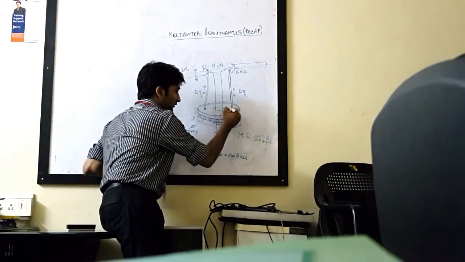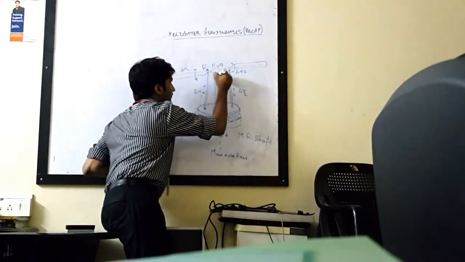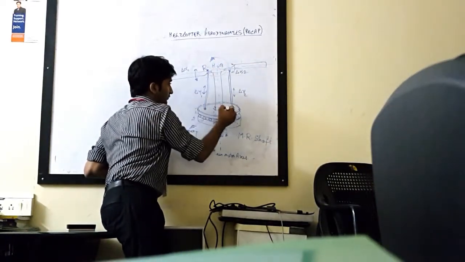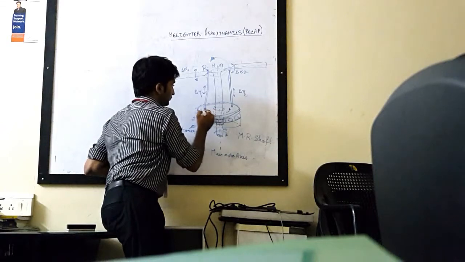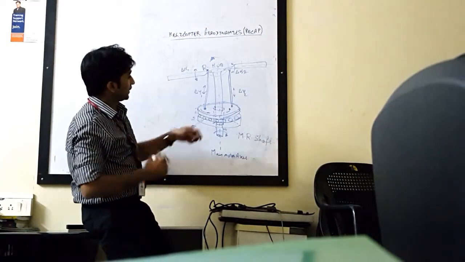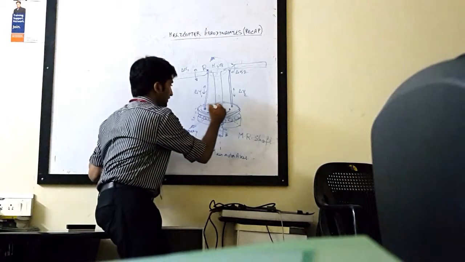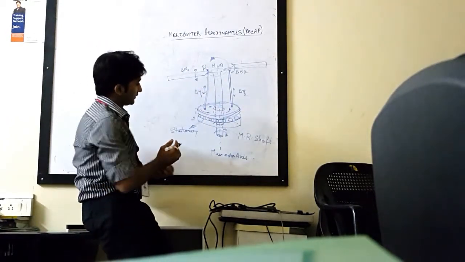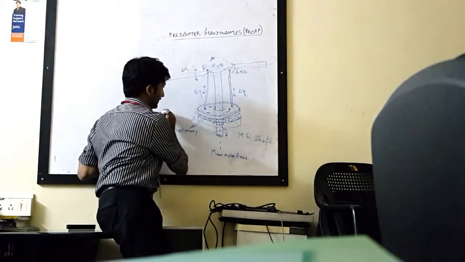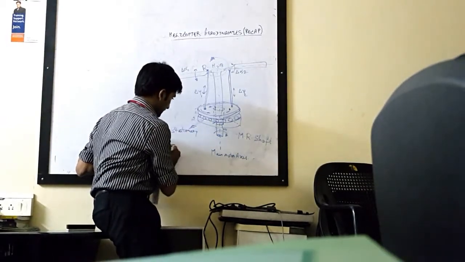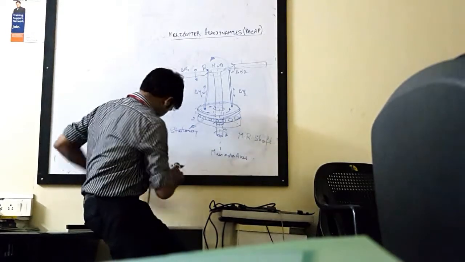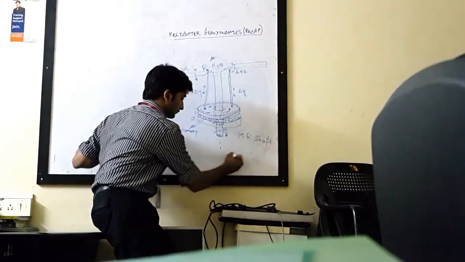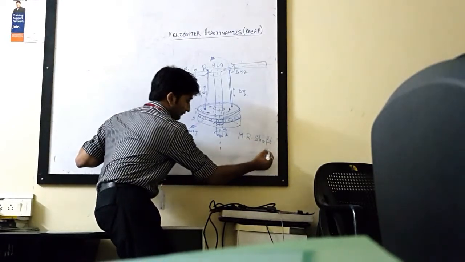Alright, so if this is my rotor direction, the top plate essentially will rotate like this. Okay, so now if this is my main axis of the helicopter, I have the tail here.